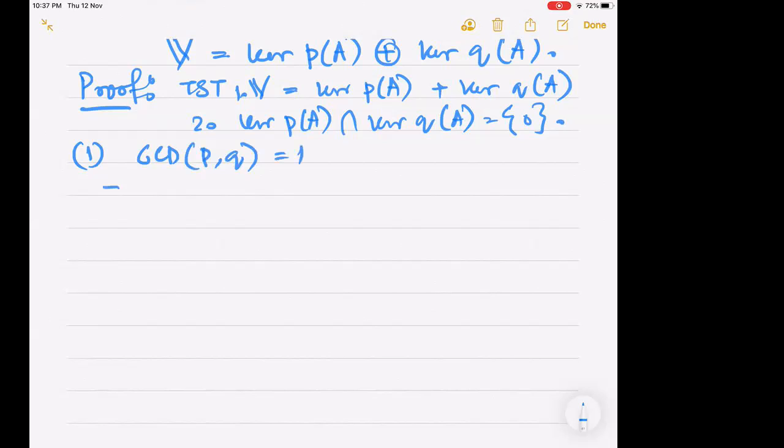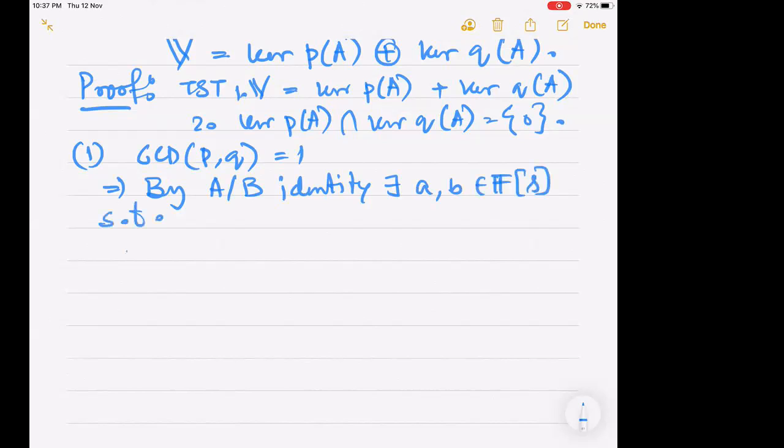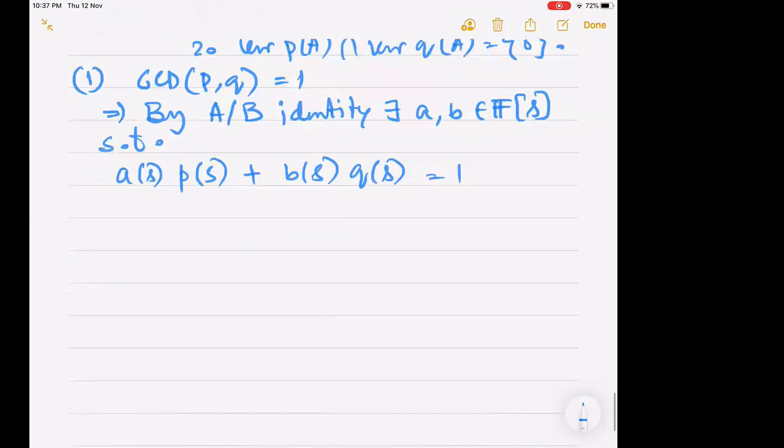This implies, by the Aryabhatta-Bezout identity, that there exist polynomials A and B such that A(s) times P(s) plus B(s) times Q(s) is equal to 1, right?